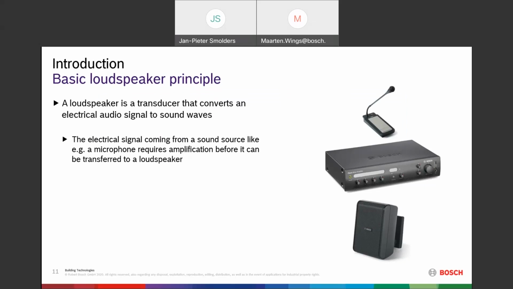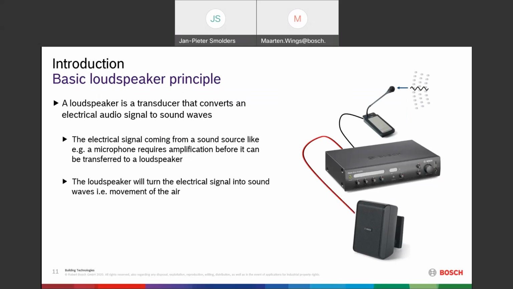In this example, somebody talking into that microphone, there will be an electrical signal to an amplifier. That amplifier will amplify to, for instance, 100 volt. That's quite common in our applications. And then this loudspeaker will transduce or turn that electrical signal into sound waves. It's actually movement of air in front of the loudspeaker. That's all it does.